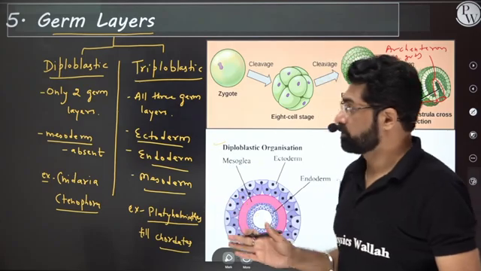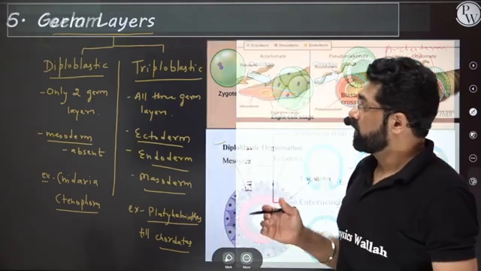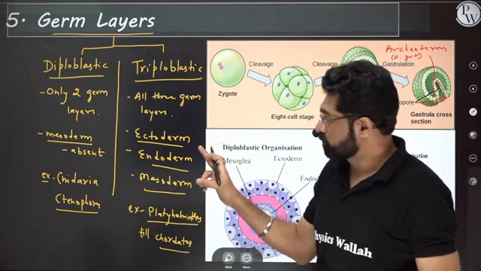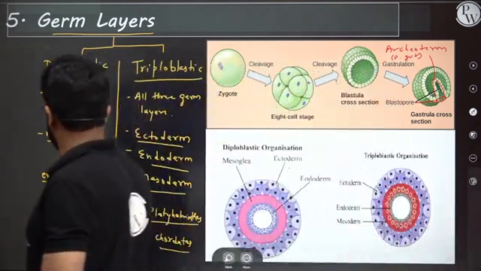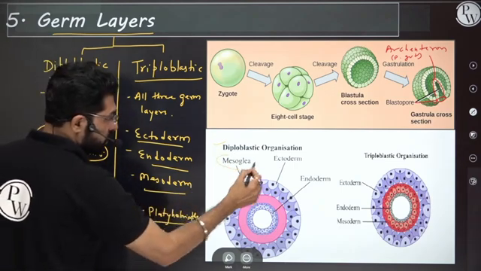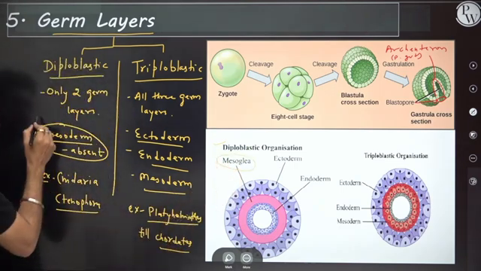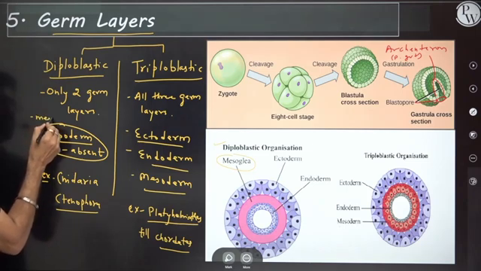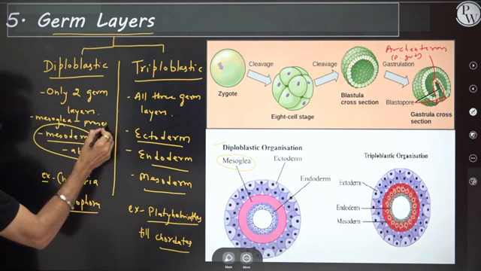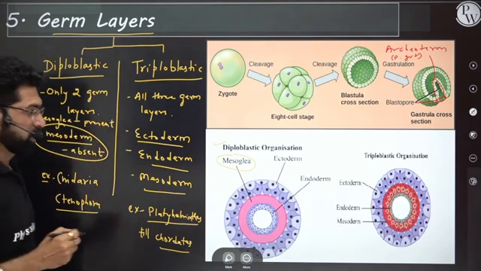Let's move further, and here is one very important point. In diploblastic animals, you don't have mesoderm, but one structure is always present, called mesoglea. Mesoglea is present, but mesoderm is absent.